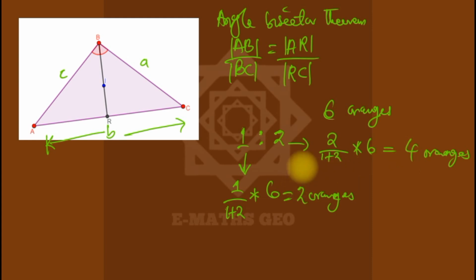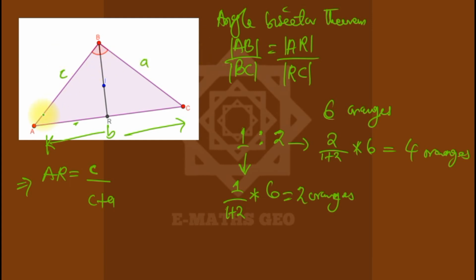So to get the actual length, to get AR, AR is C over C plus A, because they have the same ratio.